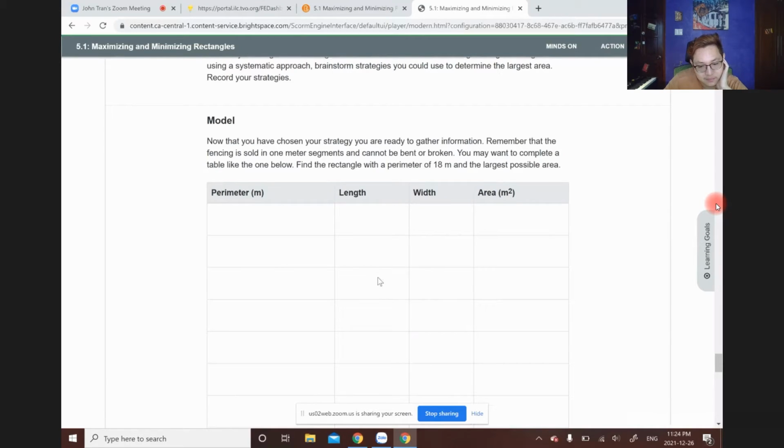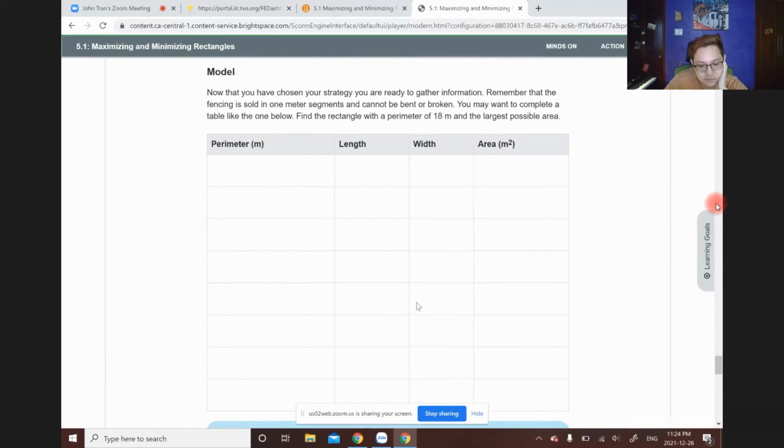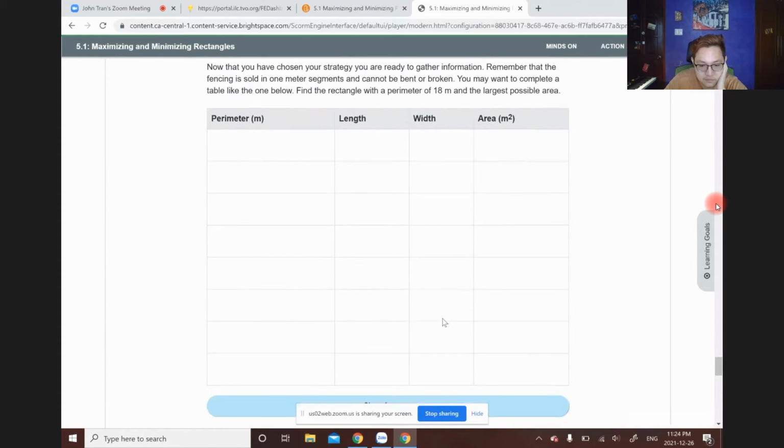Next should be 7 for the length and 2 for the width. Then 8, and then there's 1. 8 and 1.